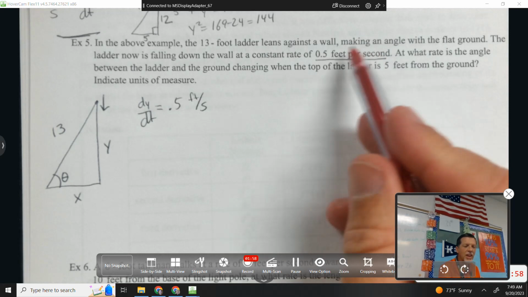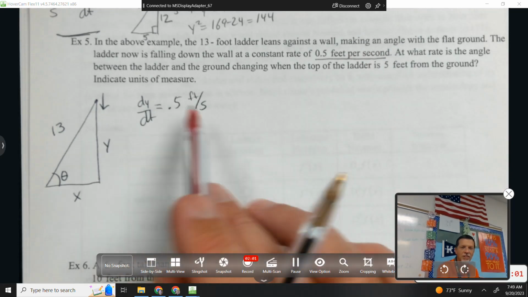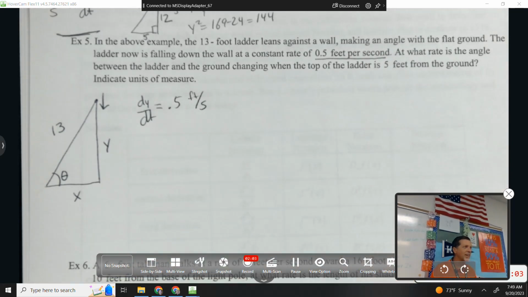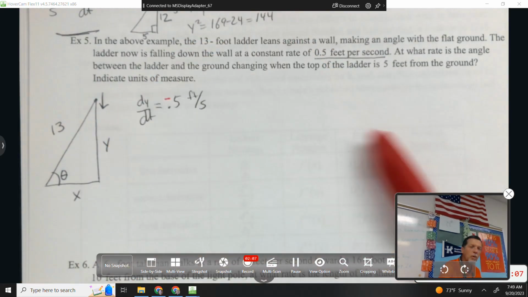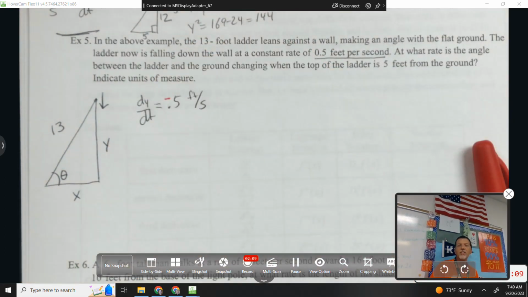There's not a mistake in the problem. There's a mistake in what I've written here. Negative? Why is it negative? Because it's going down. So y is shrinking, so the change in y is negative. Now, it's possible that we might have figured that out later. A lot of times, the negative stuff can make sense.